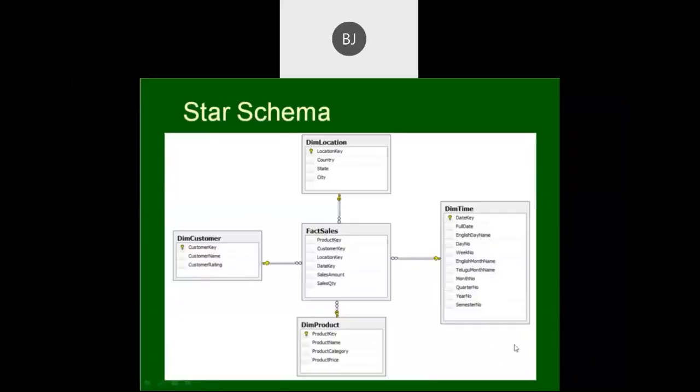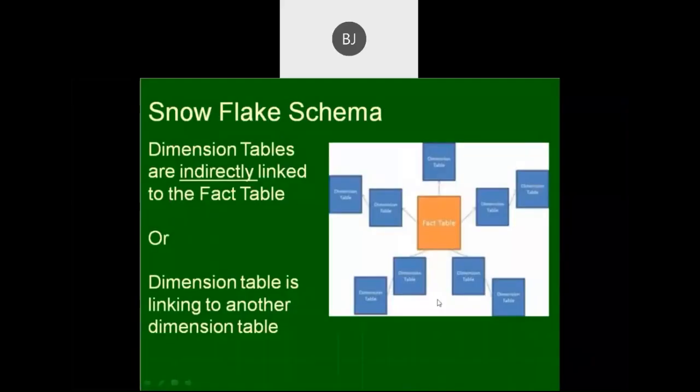you have one more schema, that is what is called snowflake schema. If you understand it clearly, one dimension table is linking to one more dimension table, one dimension table is linking to one more dimension table. So if you remove this one and this one and this one and this one, it is a star schema. Understand? If you see only this portion, this is a star schema.